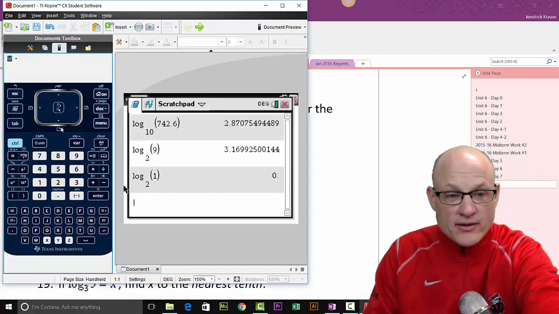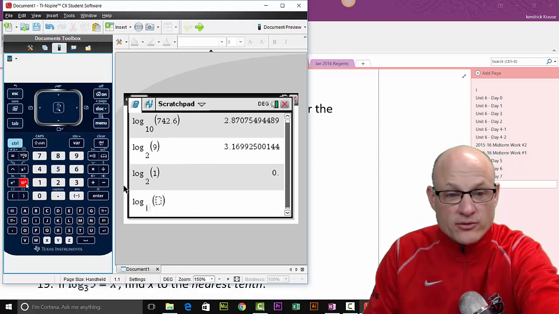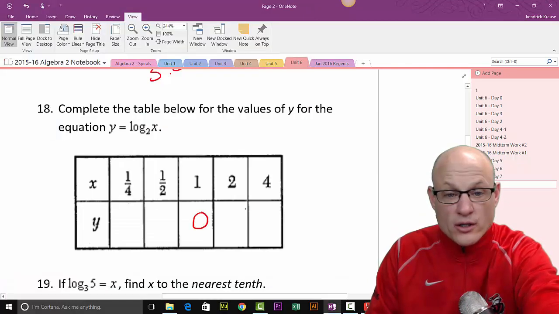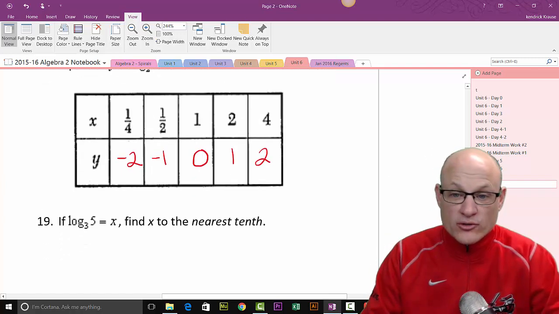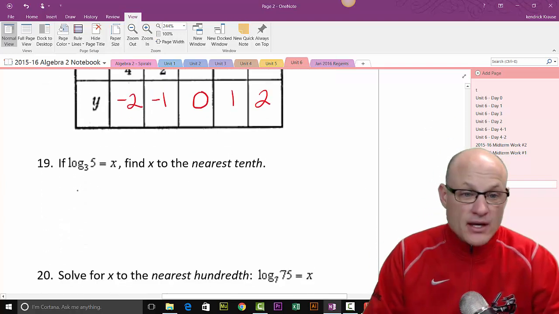And log base 2 of 2 is just going to be 1, because 2 to the 1. What would give me a half would be negative 1, and this would be negative 2. You can use your calculator, or you can just do that.